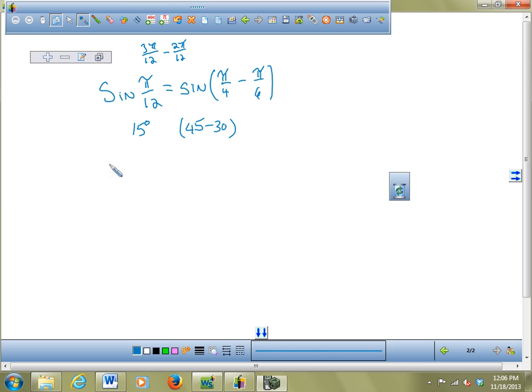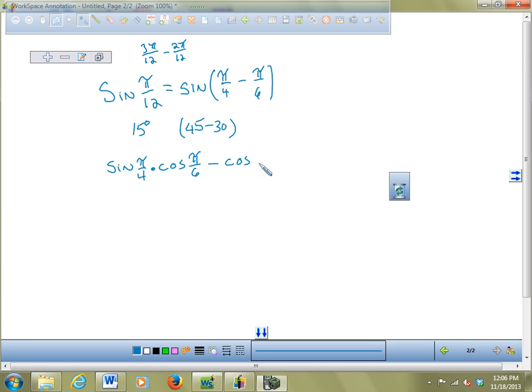So anyway, now I'm going to use the sine addition formula. Sine of pi over 4 times the cosine of pi over 6. Sine has a minus sign in between. Minus the cosine.